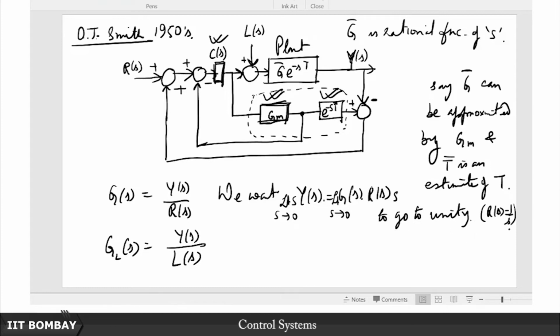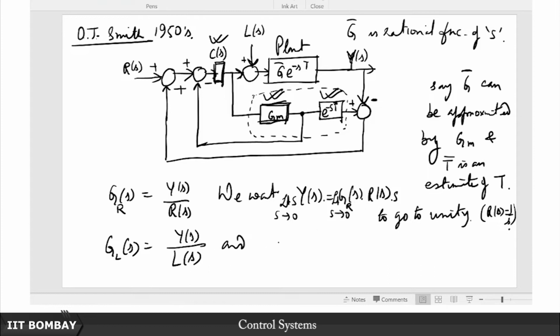So, then of course, you can cancel out R(s) and s, because R(s) is 1 by s. So, you basically want this, alright. Let me not call it G(s) because I have already named G(s) as this. So, this is, let us say, G_r(s), okay, that is better.